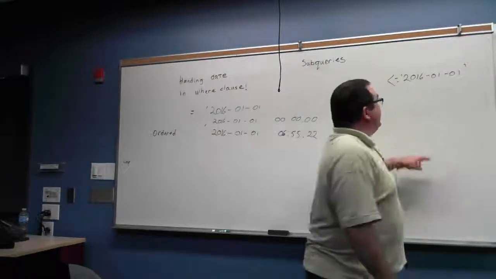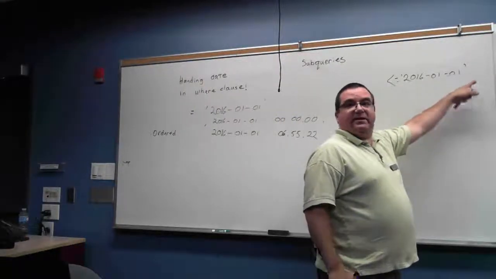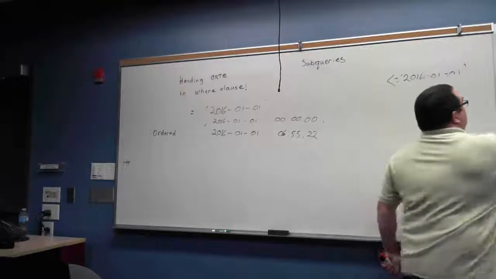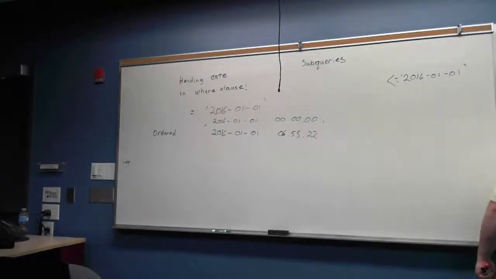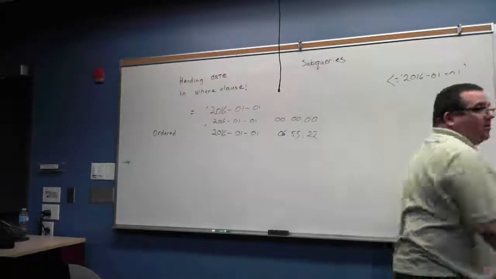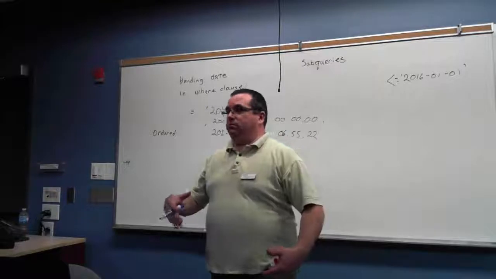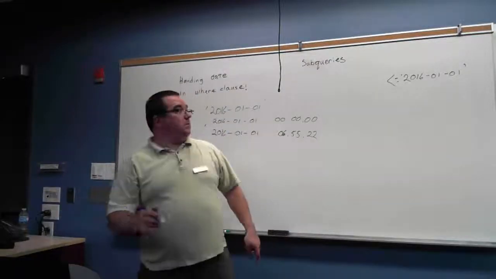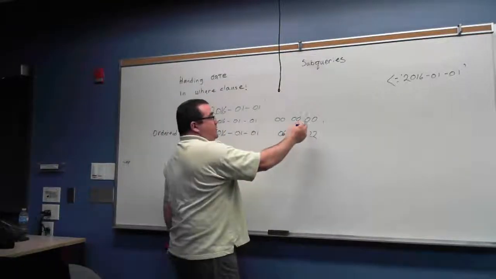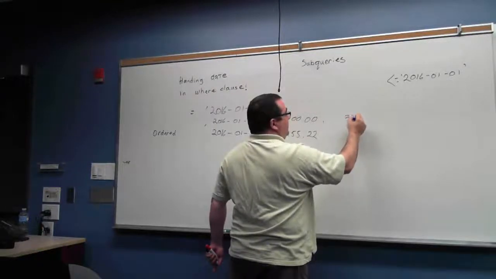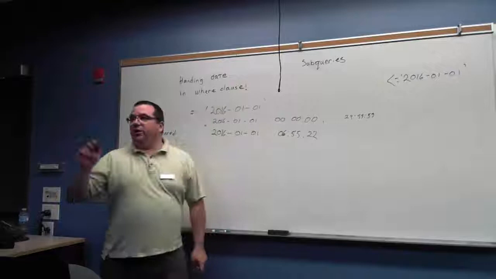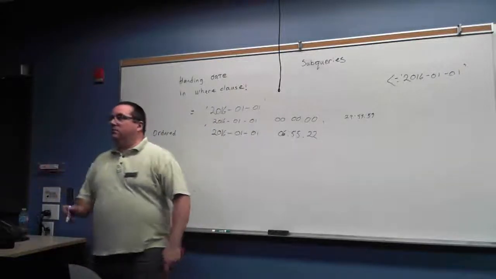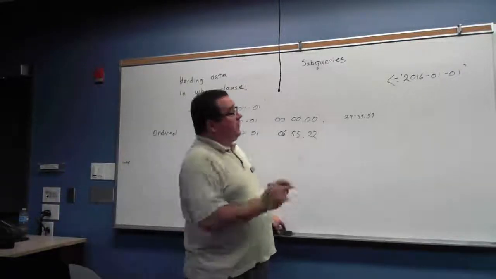Instead of saying less than or equal to the first, you make it less than the next day, obviously. And therefore, it'll grab everything in that date from 00:00:00 down to 23:59:59.99999. That's one way of grabbing that date.